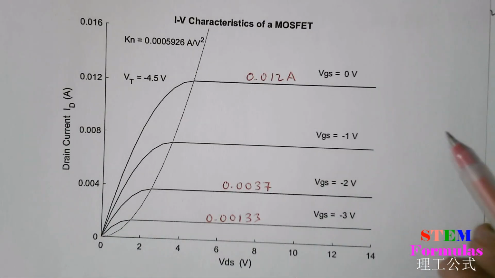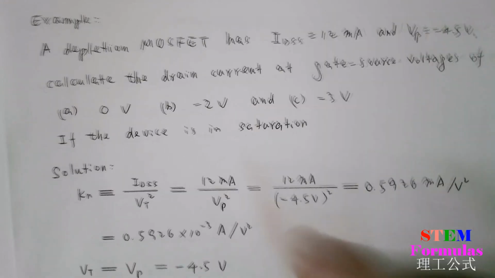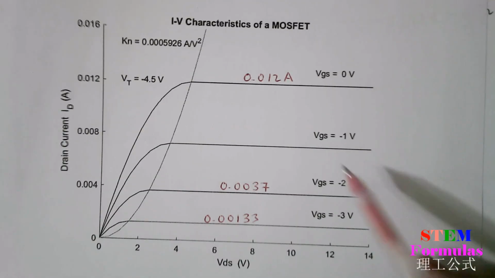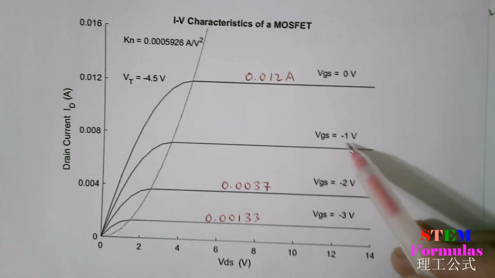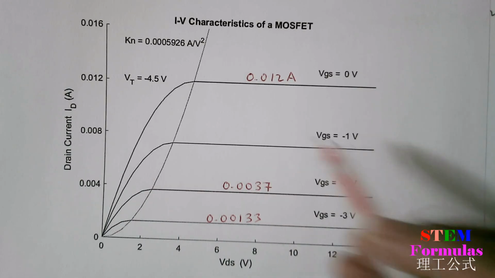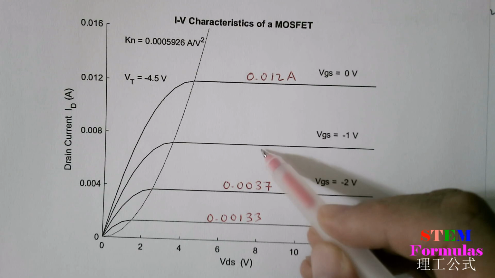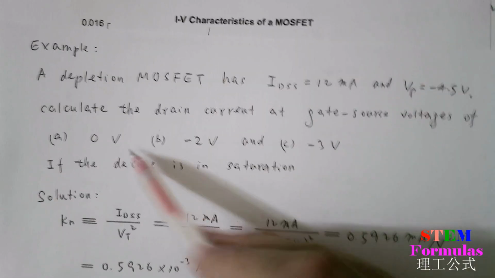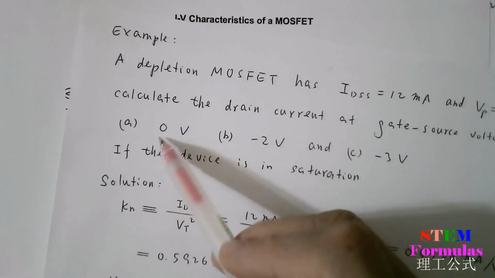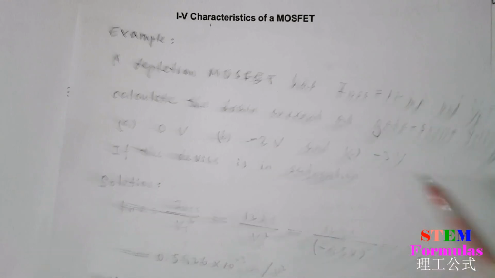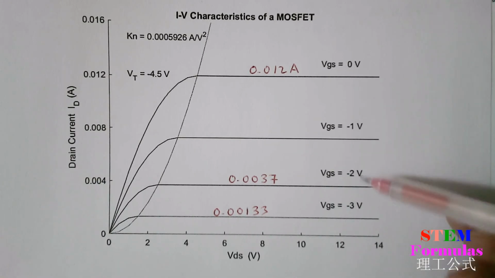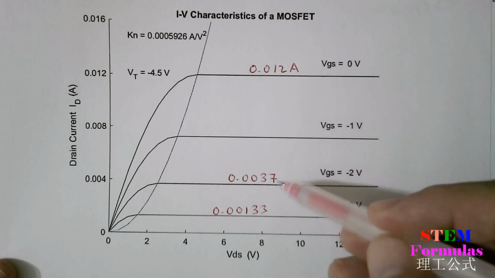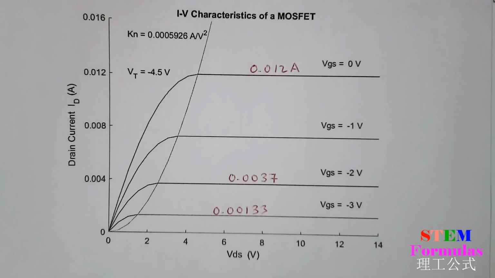But the problem didn't ask for minus 1, though I plotted minus 1 here anyway. So I do not need to show you the number here, because the problem did not ask for minus 1. They only ask for 0, minus 2, minus 3. So this is the answer, this answer, and this answer.